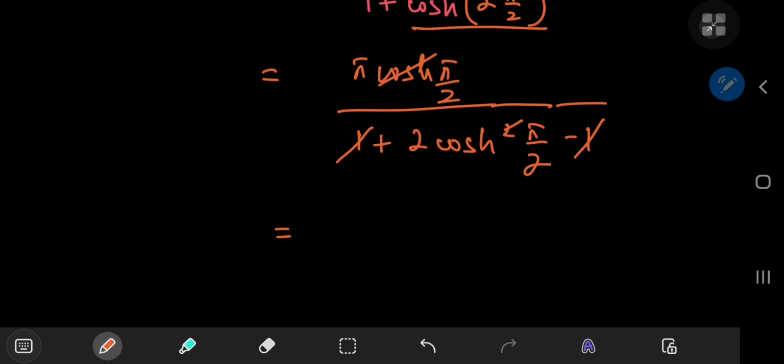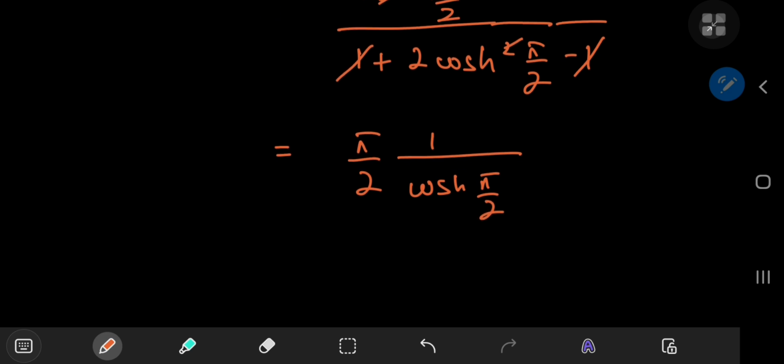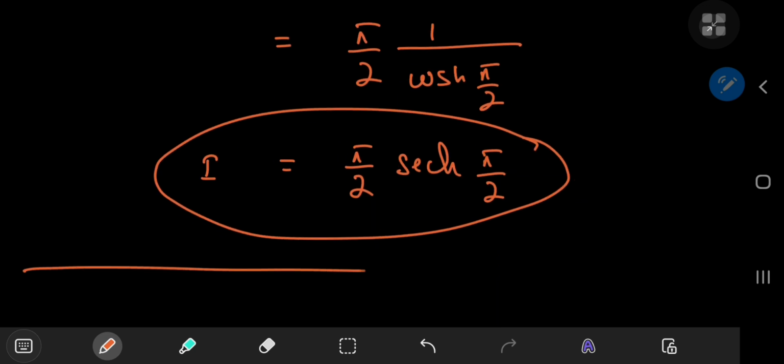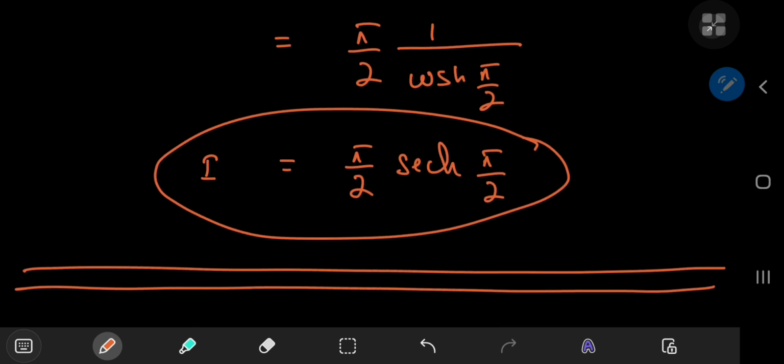This looks pretty bad now that I've mashed everything into one step. So it does look pretty bad from a mathematical perspective, but thankfully it's valid. So yeah, pi by 2 times 1 over cosh pi by 2, which is, of course, the hyperbolic secant of pi by 2, and that is the answer to your integration problem, which is, once again, extremely cool.